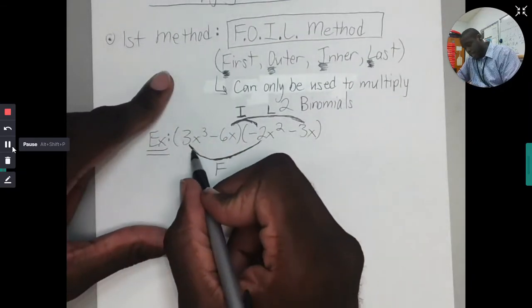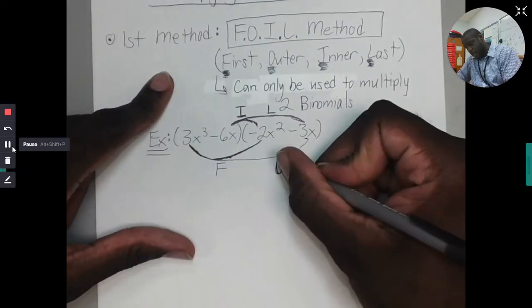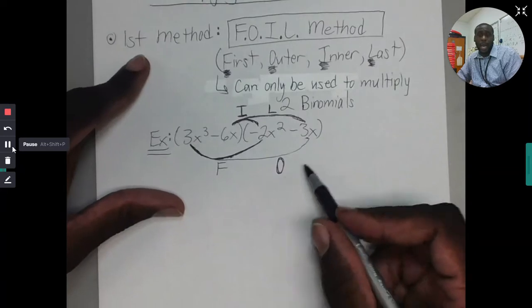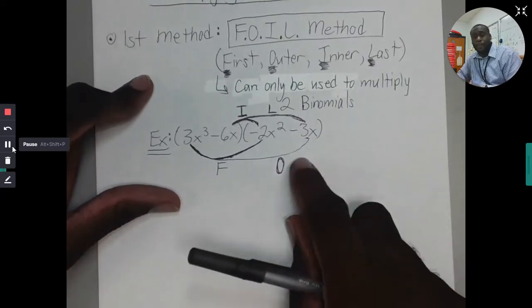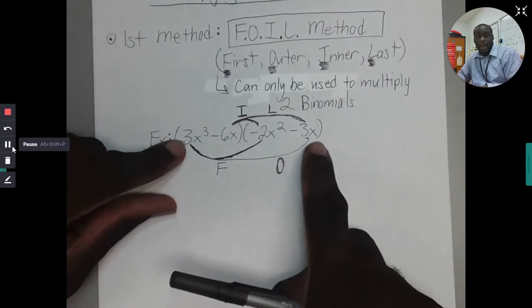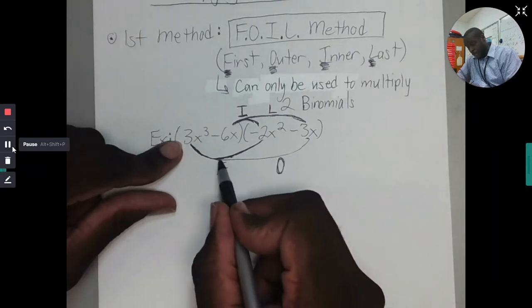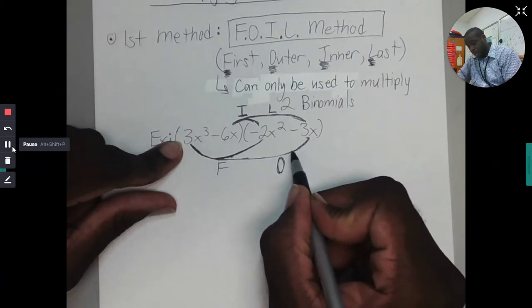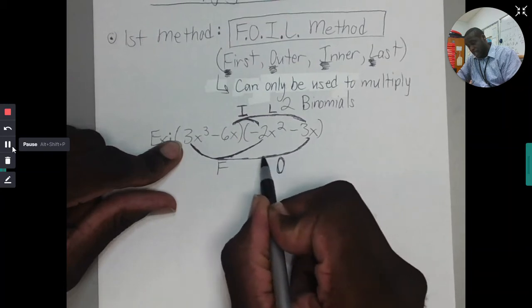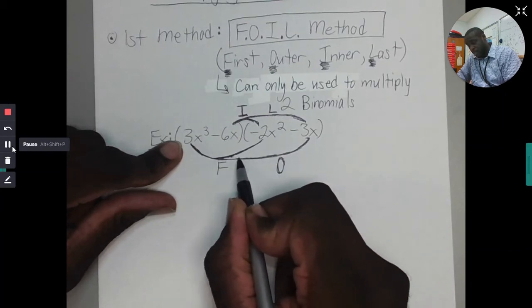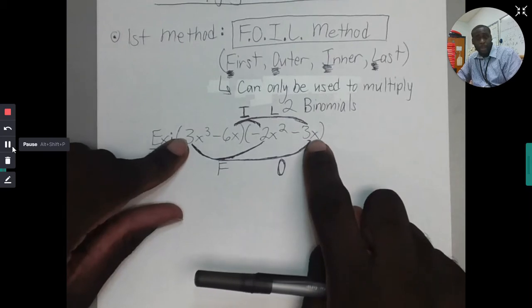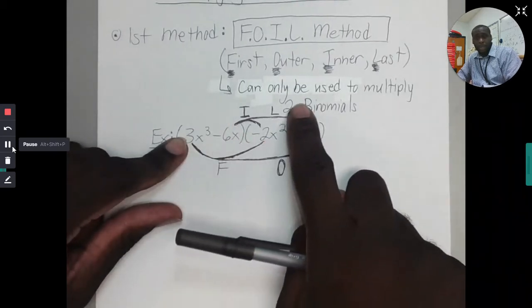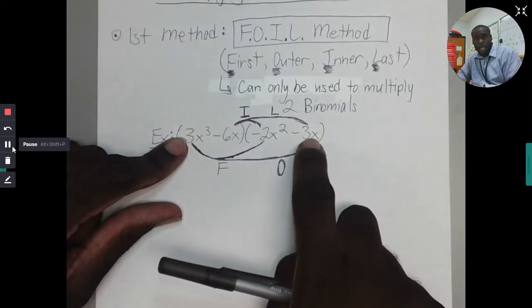And the last thing here is your outer. It's the outer one because you're multiplying these two outer terms. It's about the positioning of them. So the two outer ones are 3x cubed multiplied times negative 3x.